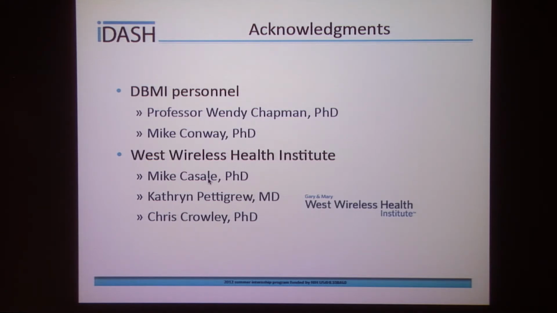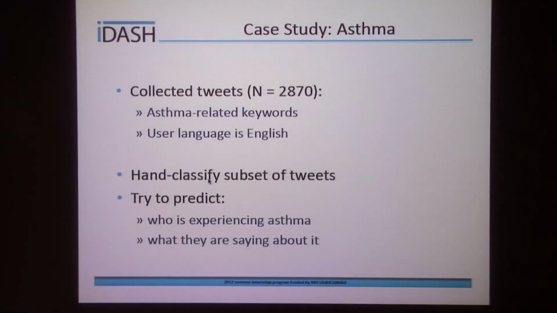The West Wireless Institute, for those of you who don't know, is a nonprofit organization that is dedicated to lowering the costs of healthcare, basically through the use of technology. So what we've been doing is looking at asthma-related tweets.